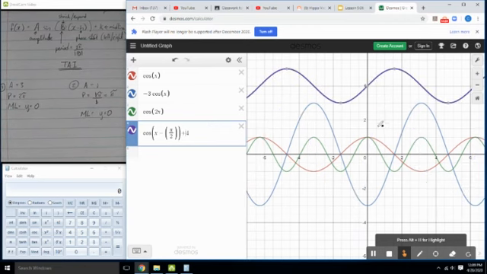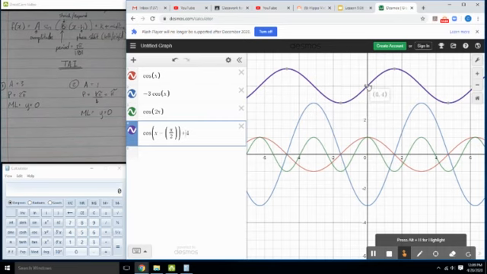Plus 4, okay? And as you can see, the graph moved up by 4 units. There was a phase shift to the left by pi over 2 units, and that's the basic difference between the two.